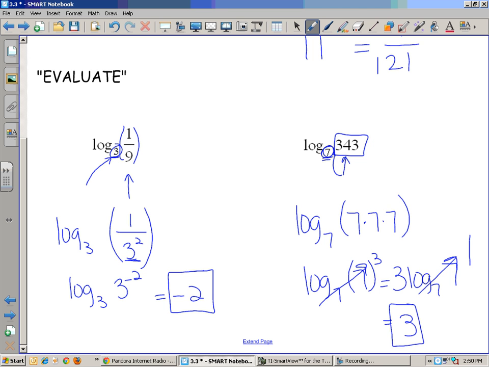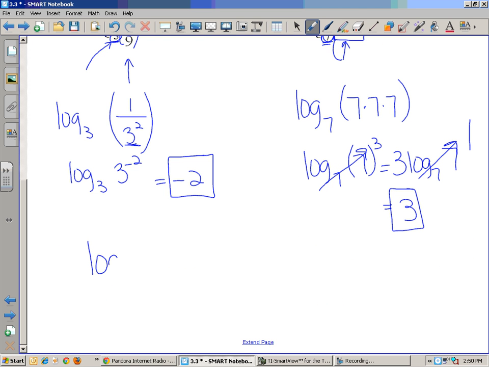You could do something like log base 2 of 16. So I need to convert 16 into a form of 2. So 2 to the 4th power, which my answer is just going to be 4. This goes away. Okay? I can even do that with fractions.